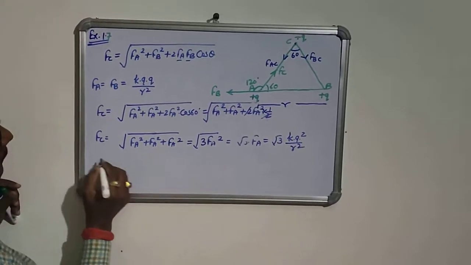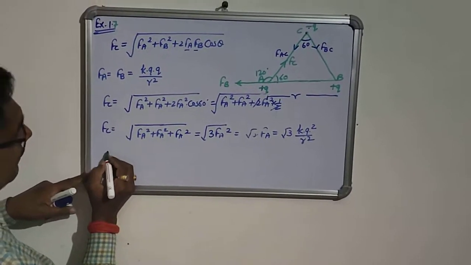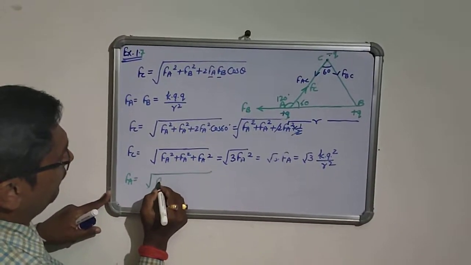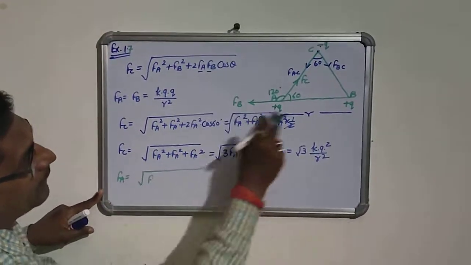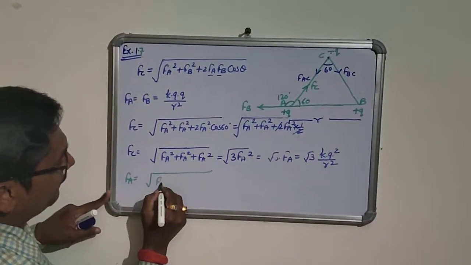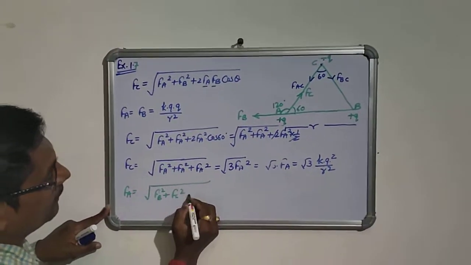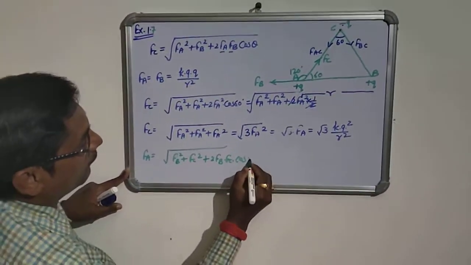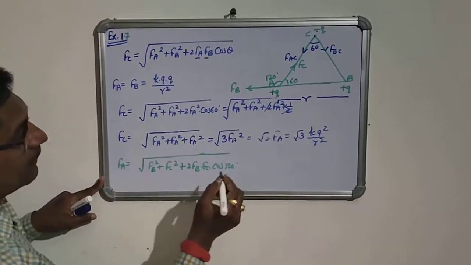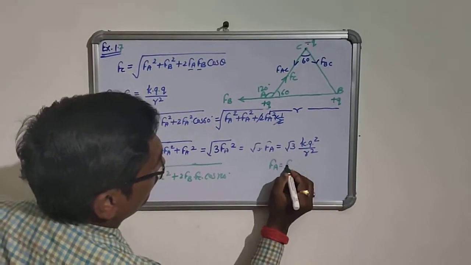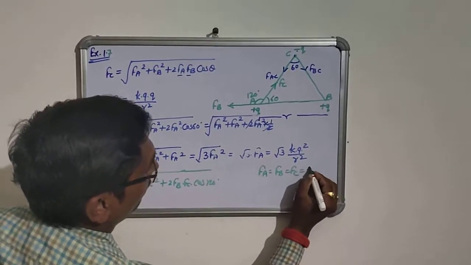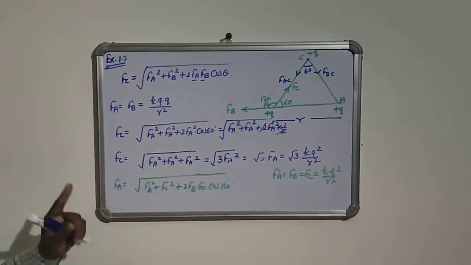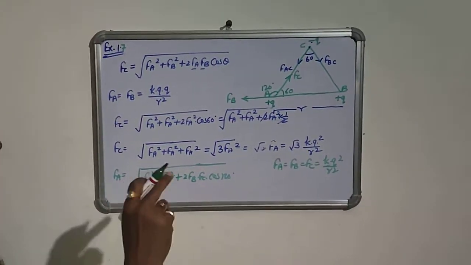Now force on A. F_A is equal to the square root of F_B square plus F_C square plus 2 F_B F_C cos 120 degrees. Here F_A equals F_B equals F_C equals kQ square upon r square, because the magnitudes of the charges are equal but the nature is opposite, and the force depends only on the magnitude of charge and the separation between them.